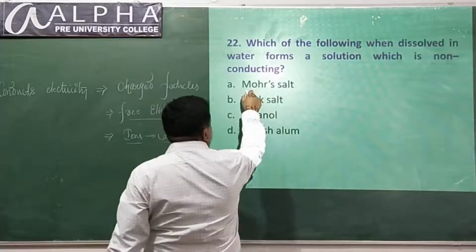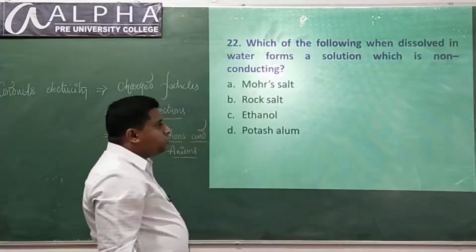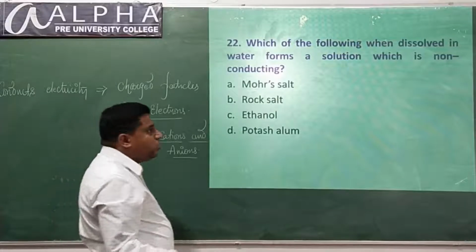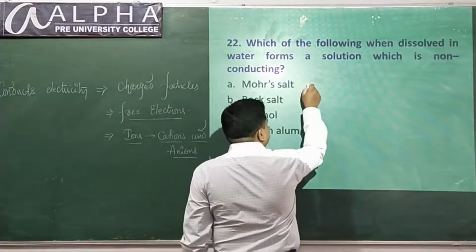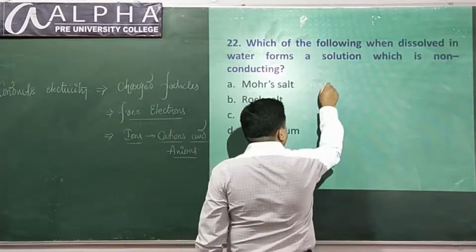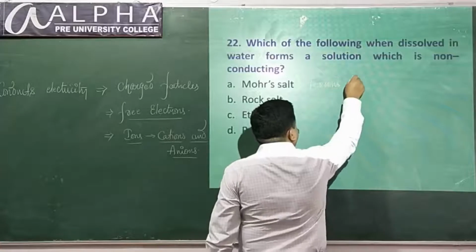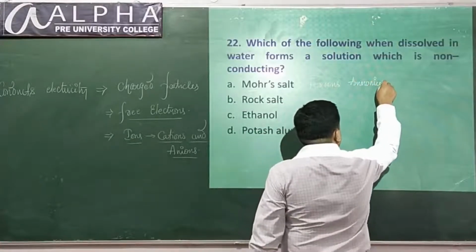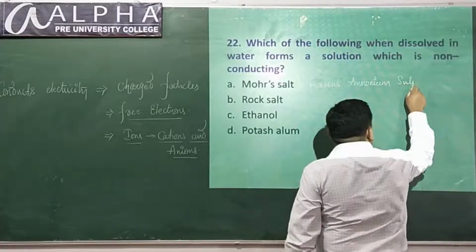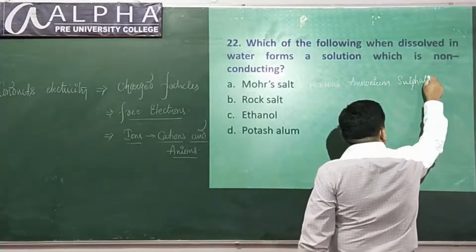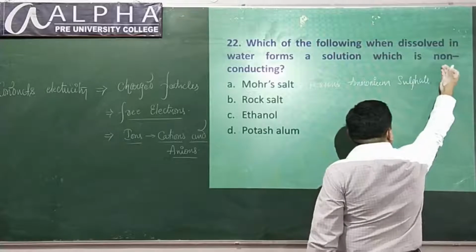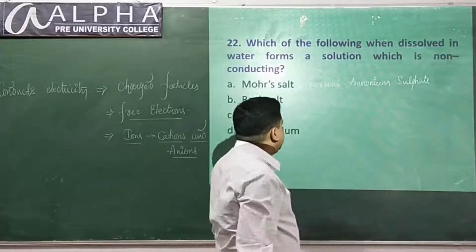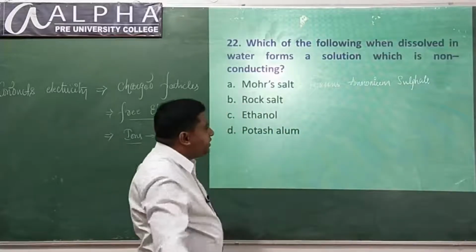See, if I take Mohr's salt. What is Mohr's salt? Mohr's salt is ferrous ammonium sulfate. What is the formula for ferrous ammonium sulfate?